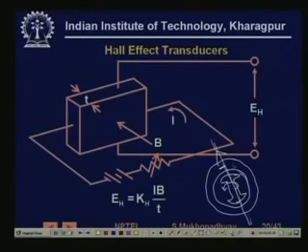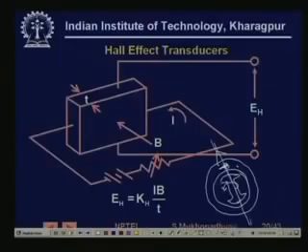Whenever this rotor comes to this position where the Hall effect sensor is placed, the sensor will sense that magnetic field. There is already current passing through it. The moment the rotor passes through that position, which is very small, for a brief time there will be a flux passing through the Hall effect sensor, and it will give a voltage pulse.